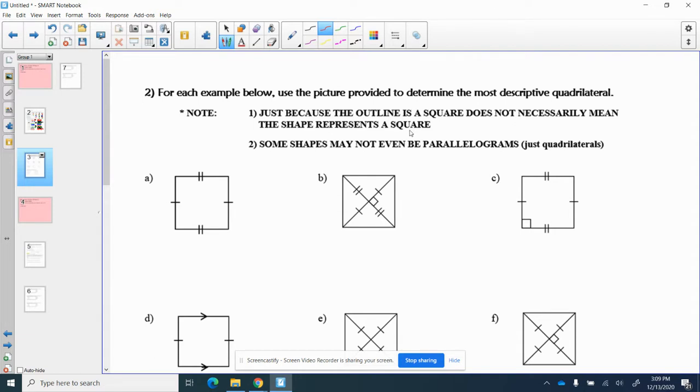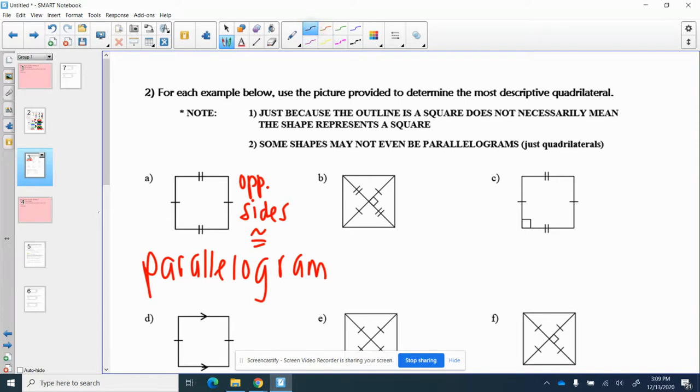You're going to use the given information, like we did with the word phrasing, to make the most descriptive. So in this case, what the figure has marked in part A is that opposite sides are congruent. So if opposite sides are congruent, we know that, again, we don't have enough information to say anything more specific than this is a parallelogram.